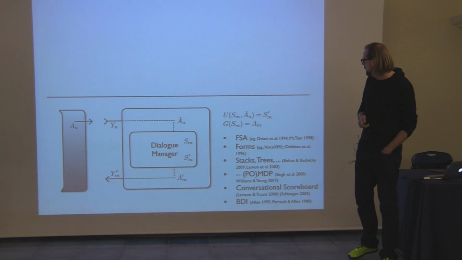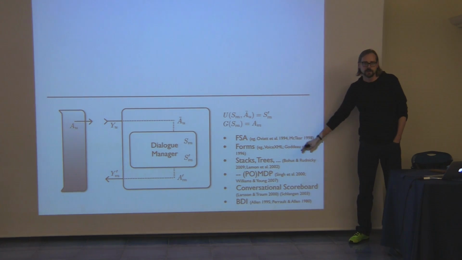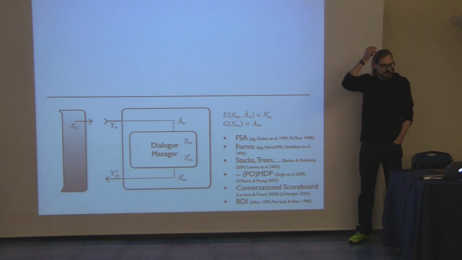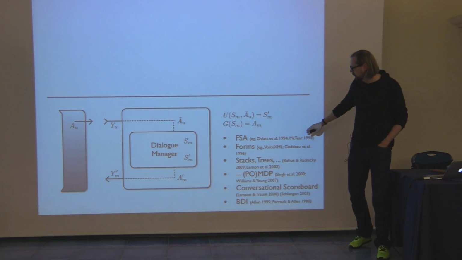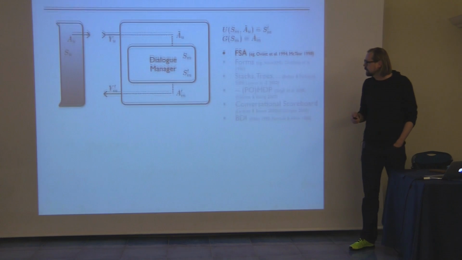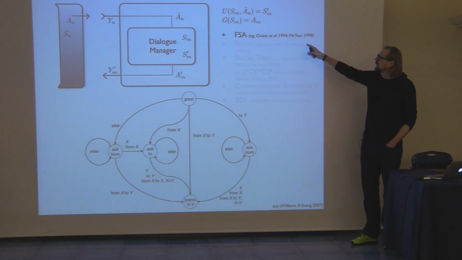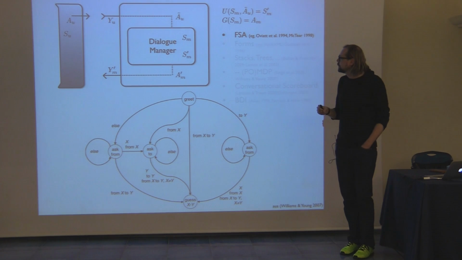Okay? There are various ways of doing this, roughly sorted here in order of flexibility, or complexity. I will very briefly go through three of them, just to give you a taste of what's going on. The simplest one, the first one I'm going to talk about, is FSA, finite state automaton-based approaches to computing this update.